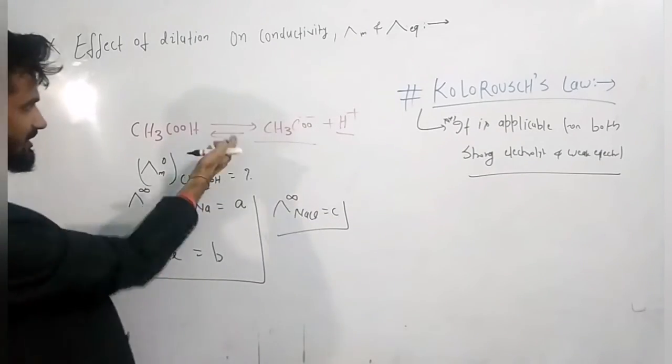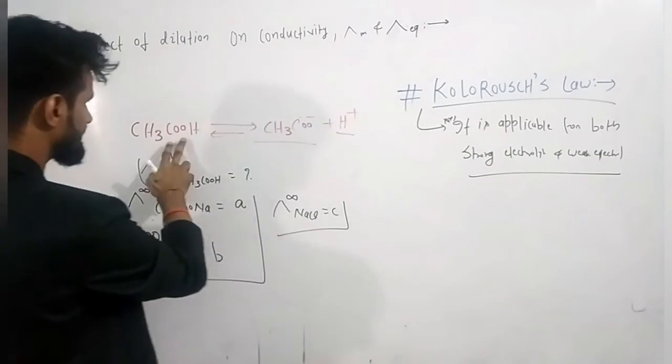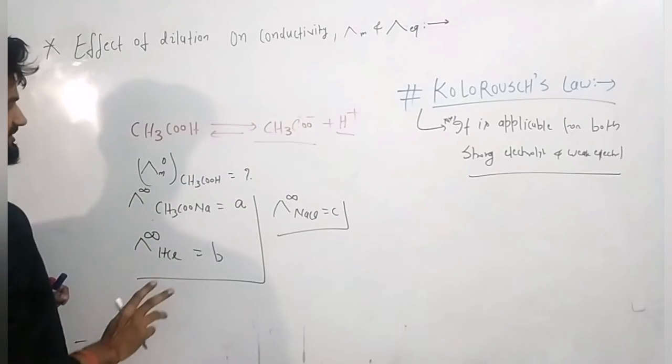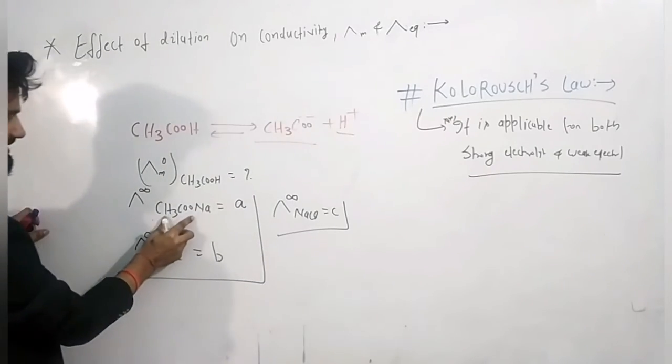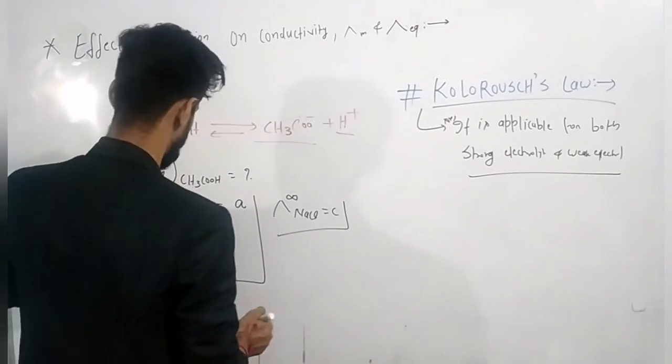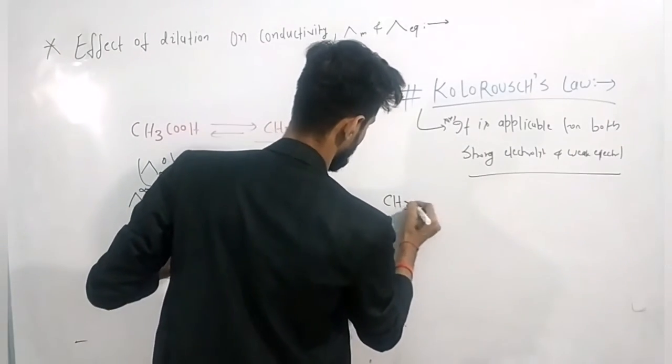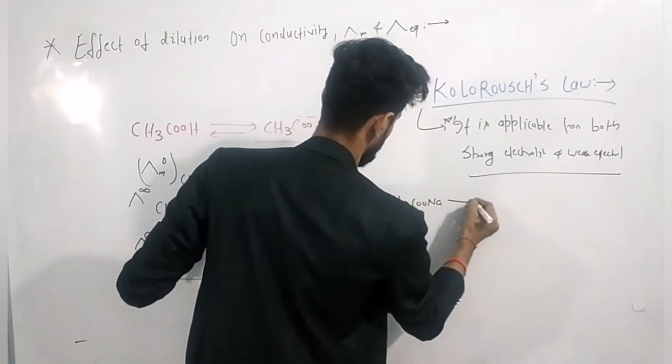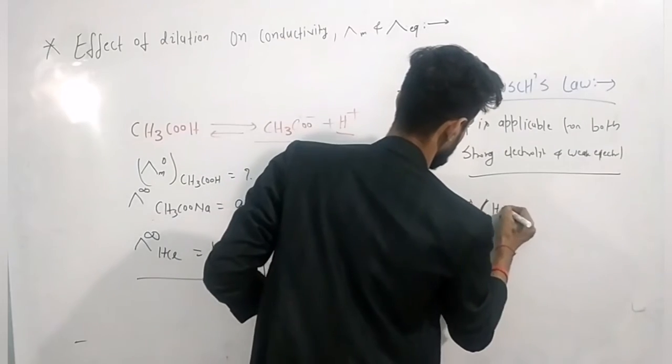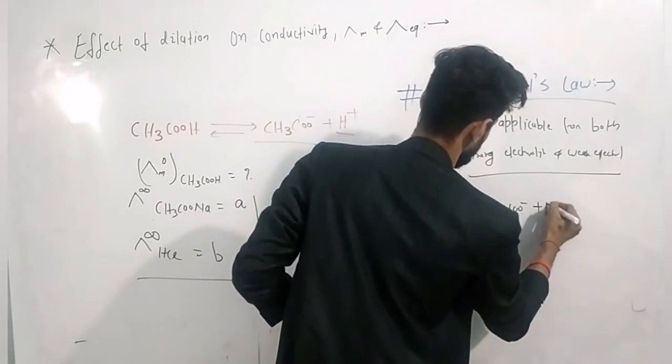How will we proceed for the weak electrolyte? We have to calculate it for CH3COOH. If CH3COONa dissociates, it will produce CH3COO- plus Na+.